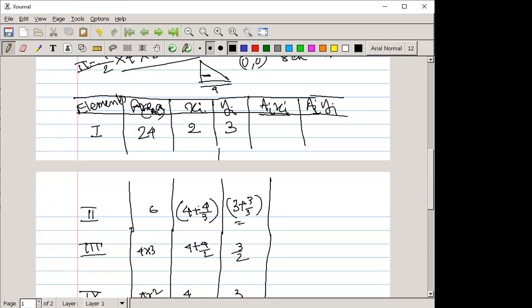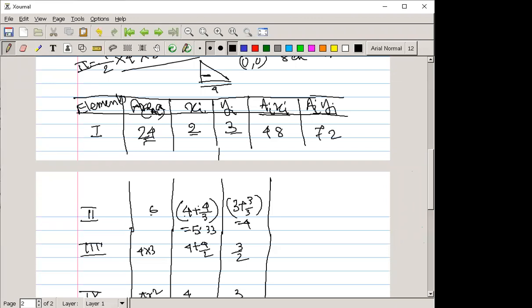So AiXi is what? AiXi is 24 into 2, so 48. 24 into 3 is AiYi, that is 72. And here 4 plus 4 by 3 is what? 4 plus 4 by 3 is nothing but 5.33, na? And 3 plus 3 by 3 is 4.